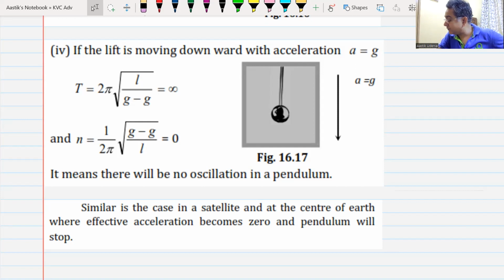Note it down, beta? Okay, I'll give you 2 minutes to note it down.